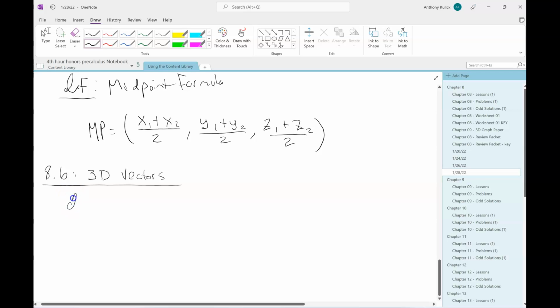So here in section 8.6, we are just going to update all of the vector notation and operations we had for 2 dimensions into 3 dimensions.